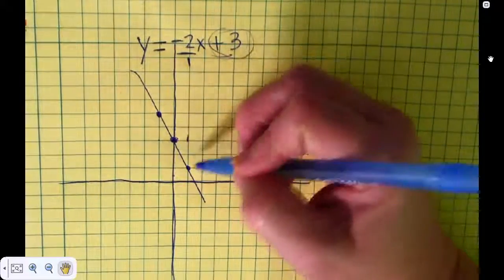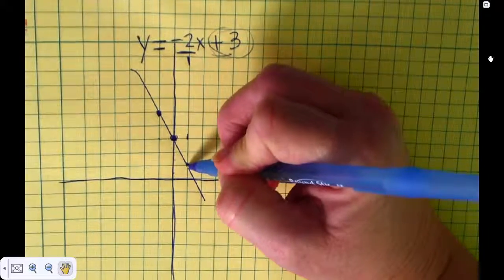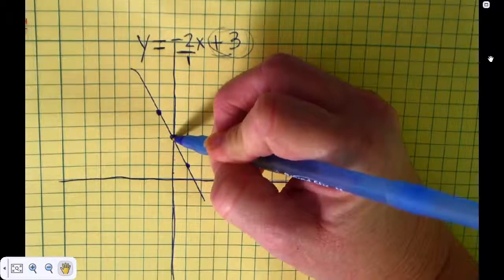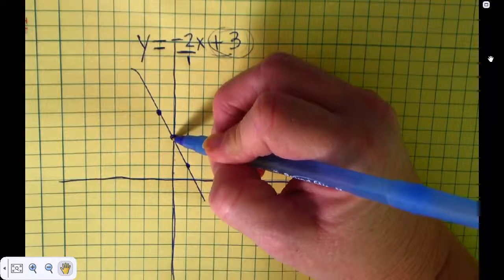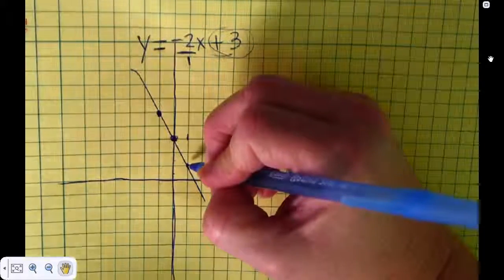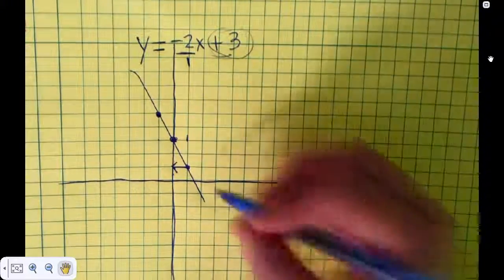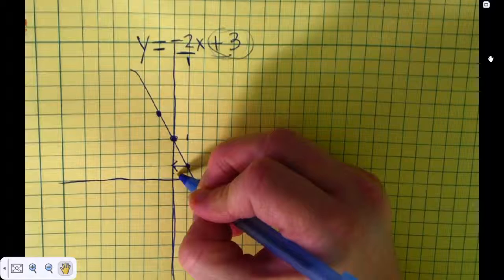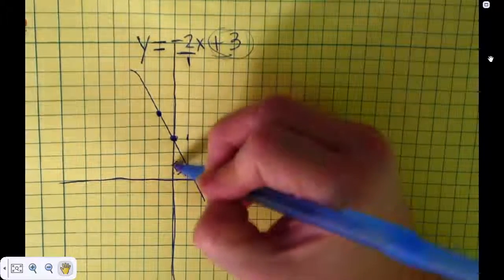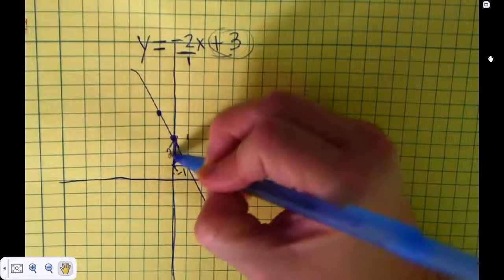Okay, so now we're going to go from this point to that point. We're going to just draw on there, the rise over the run. So I'm going to go over how many? -1, thank you. And I'm going to go up 2.